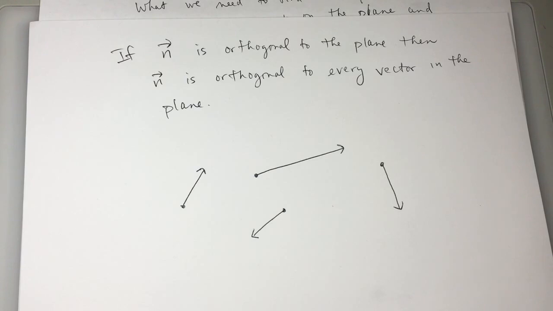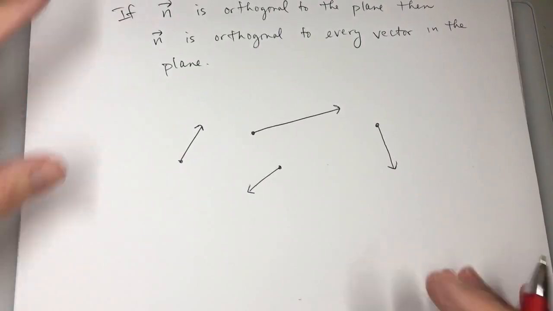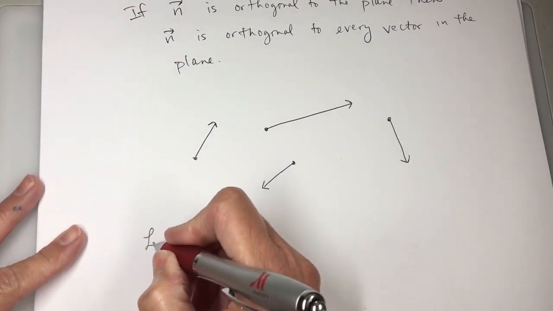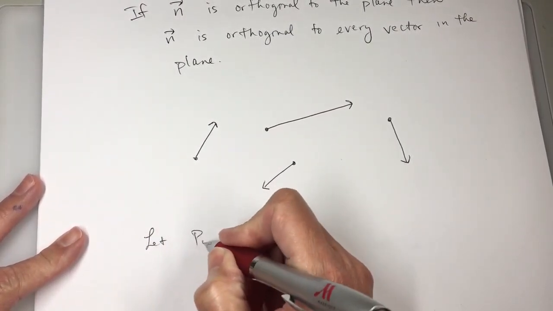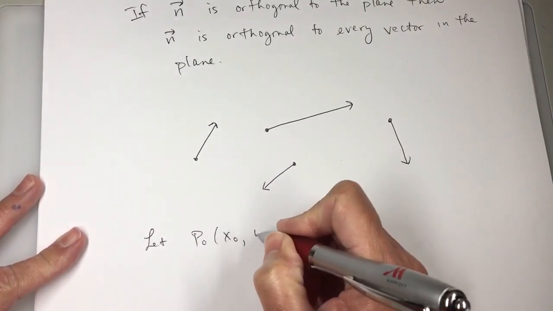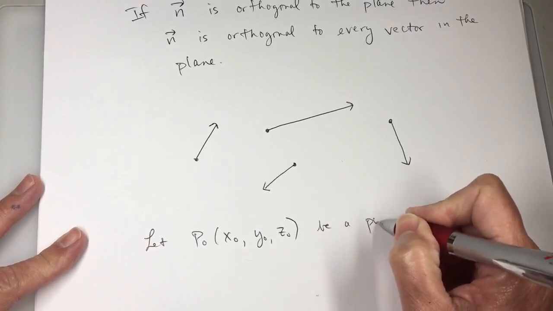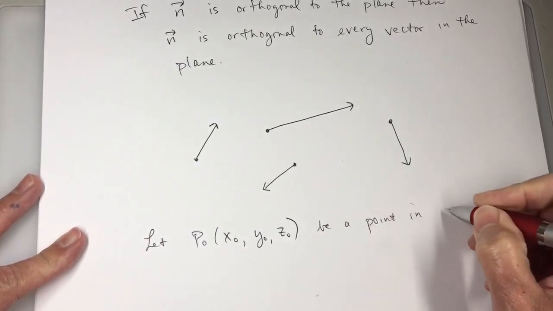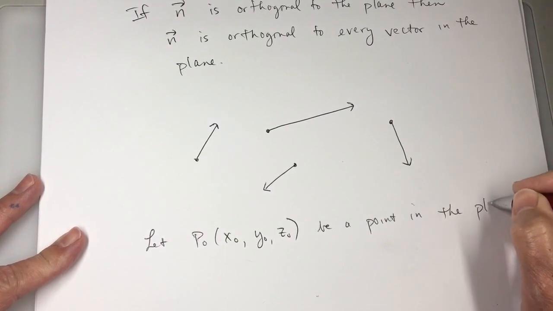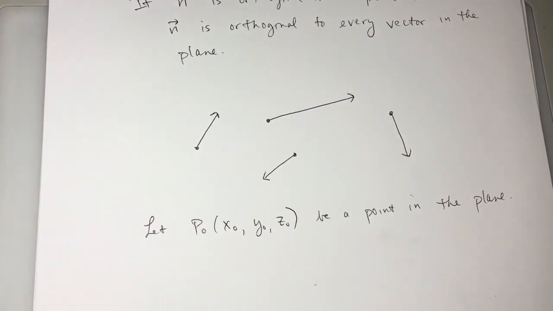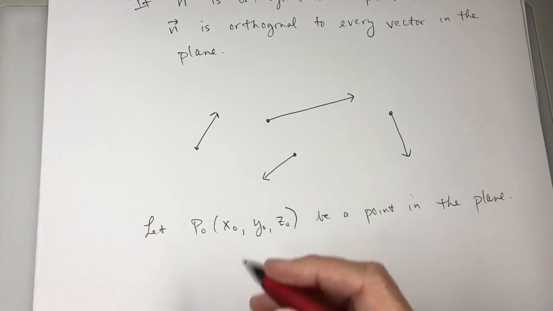You'll find two vectors, and I did say we need a point, but what we do with the point is this. We'll say: let P naught, x sub 0, y sub 0, z sub 0, be a point in the plane. So that's the one they gave you. Well, how many points are in the plane? Infinite number.